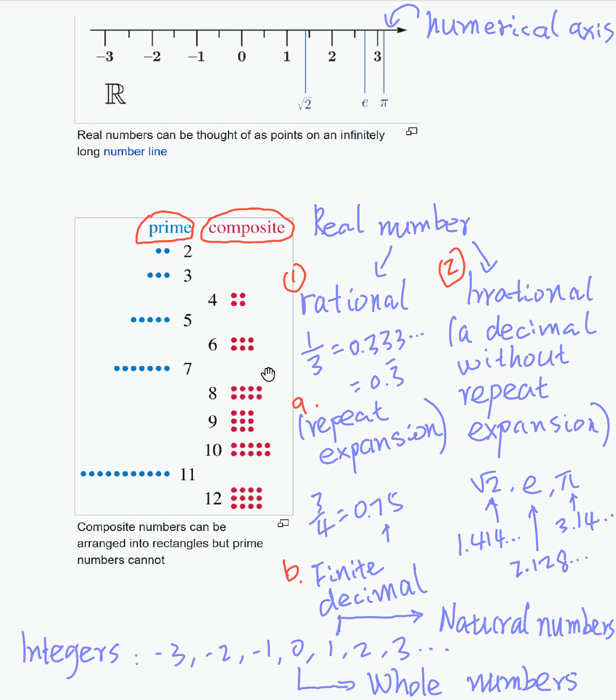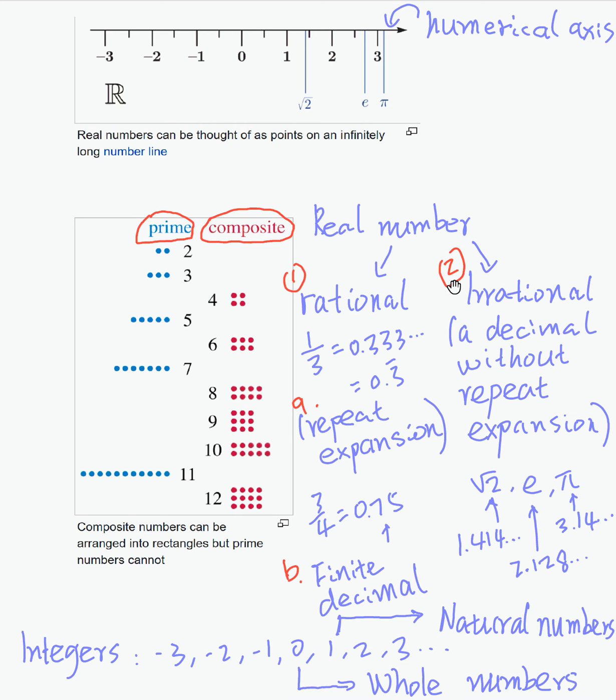In the future, you will see 18 is also a composite number. You can arrange 18 into 2 times 9. You can also arrange that into 3 times 6. So here, the composite number has this kind of characteristic.